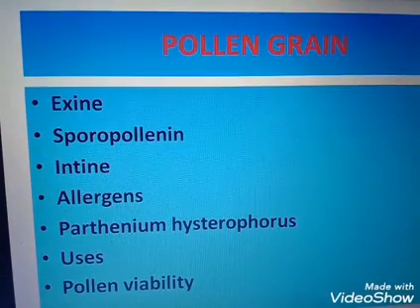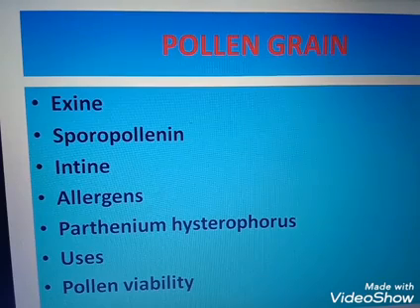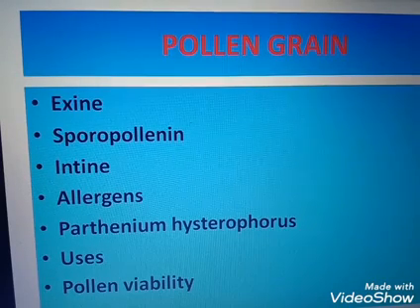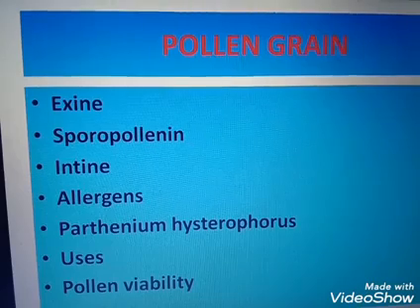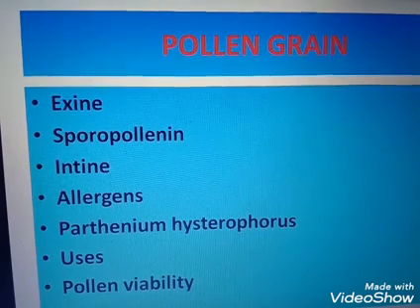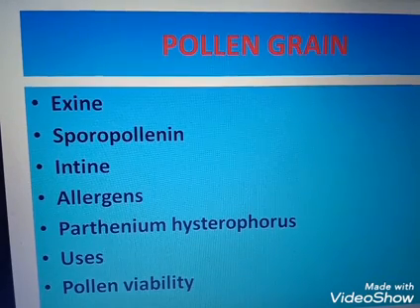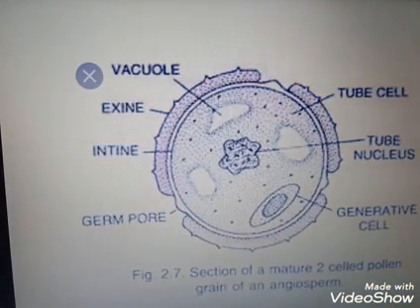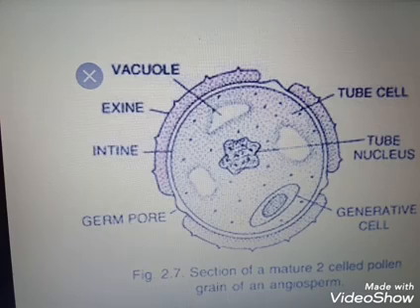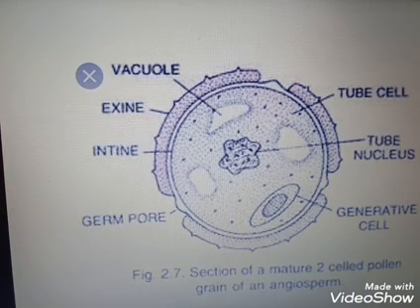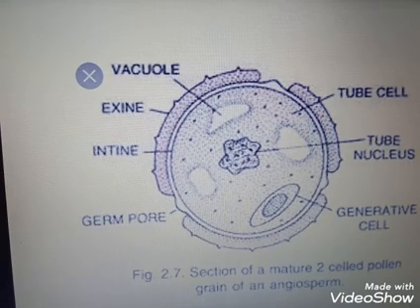Then we discussed the pollen grains which cause allergies, the allergens like Parthenium hysterophorus, carrot grass plant. Then we discussed pollen viability, and this is a picture of the section of a mature 2-celled pollen grain of an angiosperm.